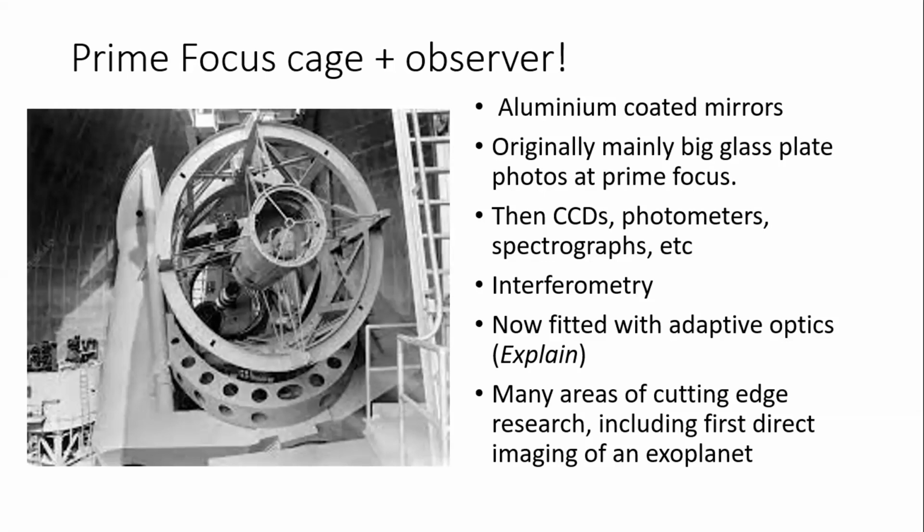So a little bit about adaptive optics, because we'll come on to that later. You all know, if you look through a telescope, the problem of astronomical seeing. The image flickers, wavers, goes in and out of focus slightly, and that is due to the light from the object that you're observing coming through our atmosphere, which has different layers of different temperature, motion, different refractive index, and so on.